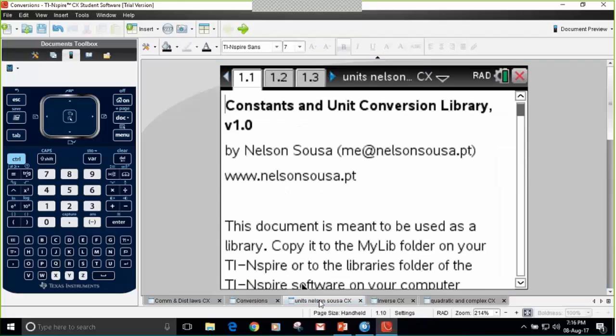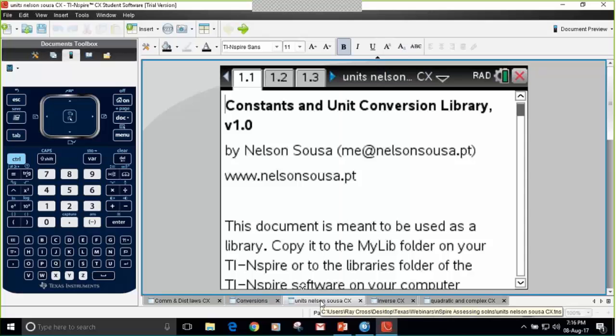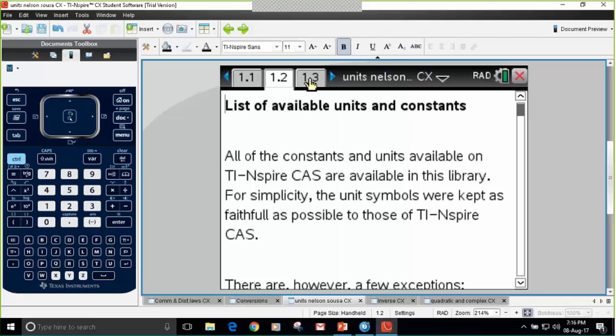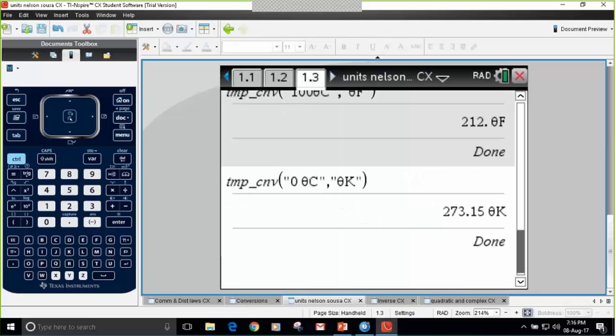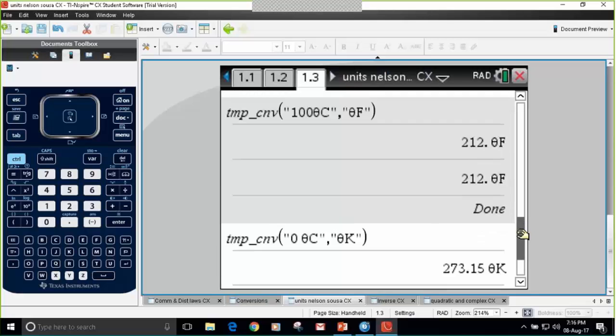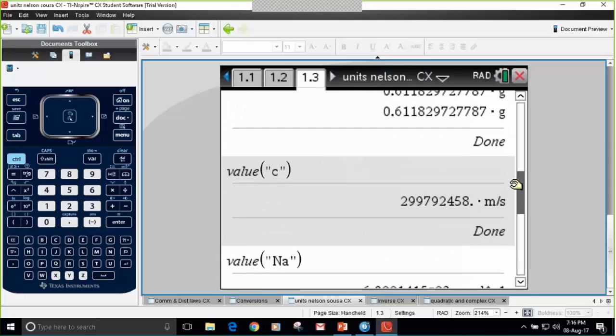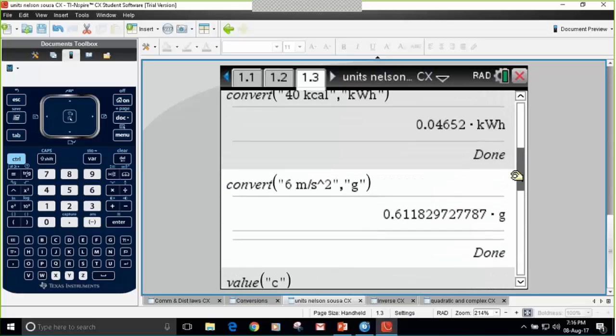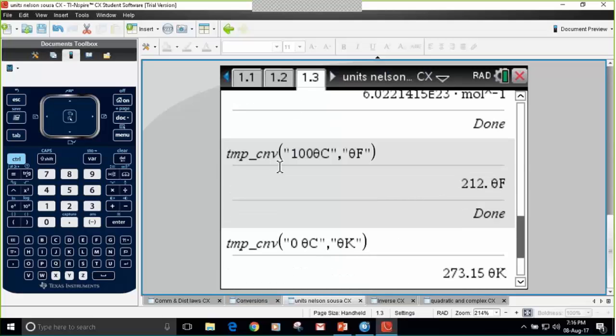And the other one is from a TI whiz kid in Portugal called Nelson Souza. Now what Nelson's done is he's built up a file which enables you to store it within your library, and it does conversions. So just some examples of some conversions, and again you have to have a separate little function for a temperature conversion.